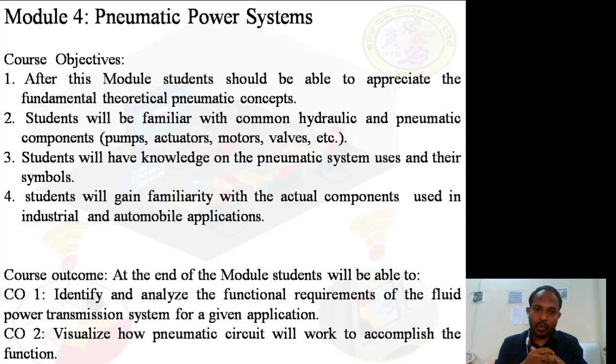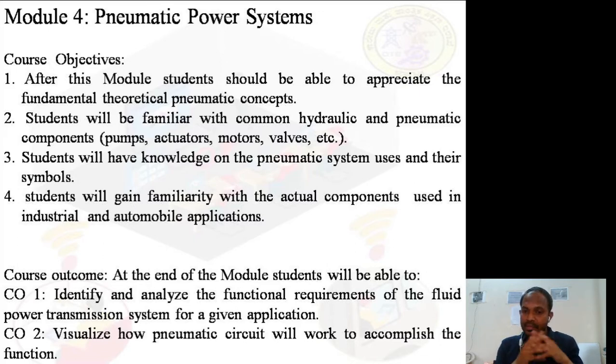Now, if you come to the course outcomes, at the end of the module, students will be able to identify and analyze, that is course outcome 1, the functional requirements of the fluid power transmission system for a given particular application.